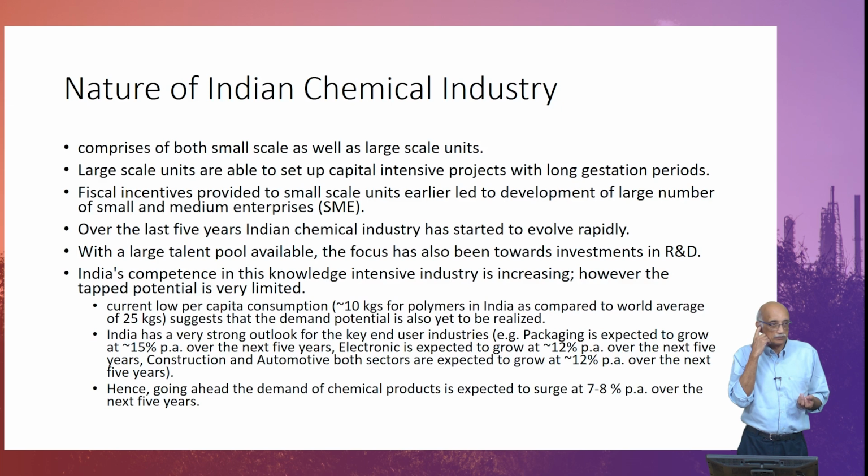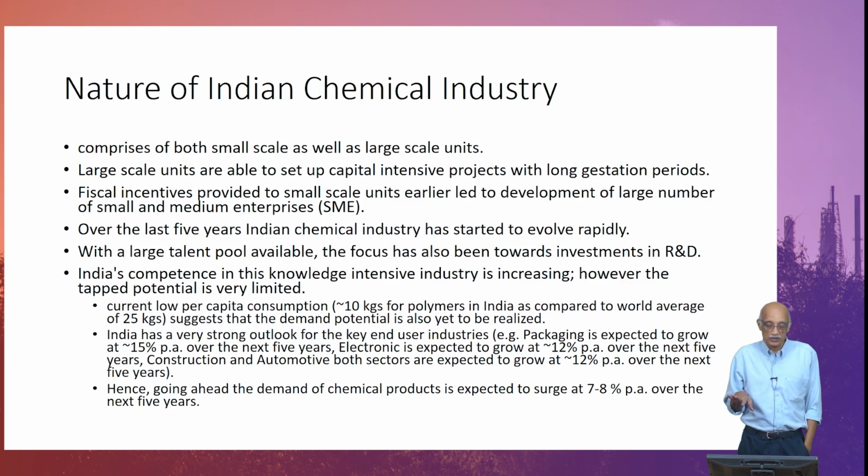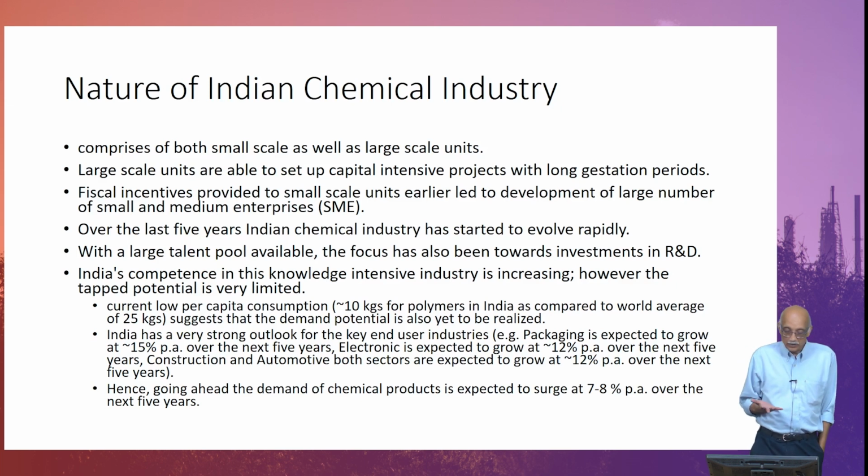With minimum investment of capital, people just start churning out chemicals, and there is a market and they are able to sell their product. How many of them are successful in the long term? I am not sure, but at least there is this impetus in India to set up small chemical industries and let them grow. And there are many financial incentives provided through this SME mechanism. So, the government is willing to step in and support as well.